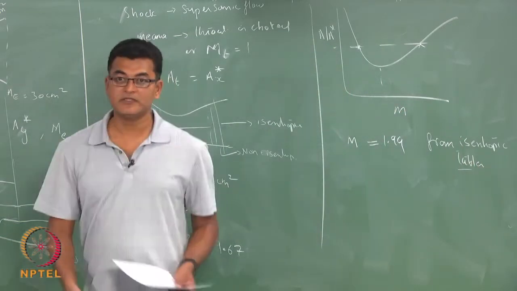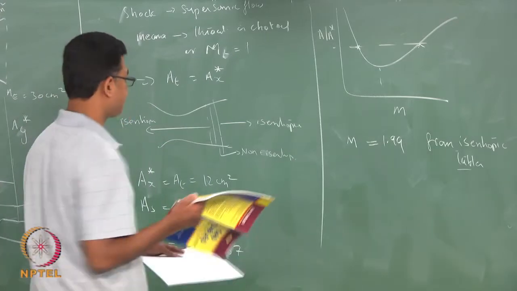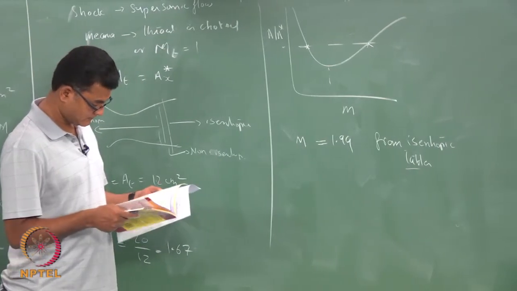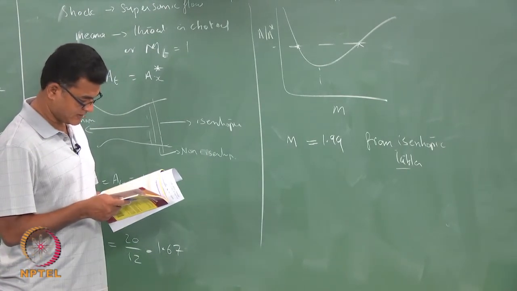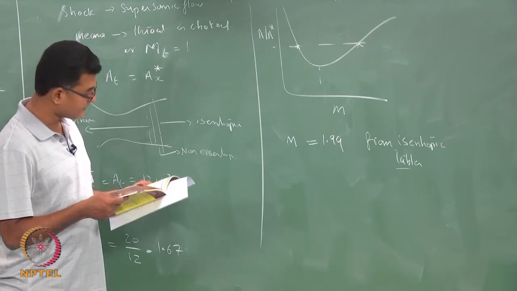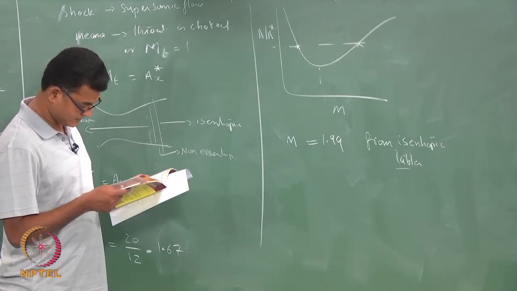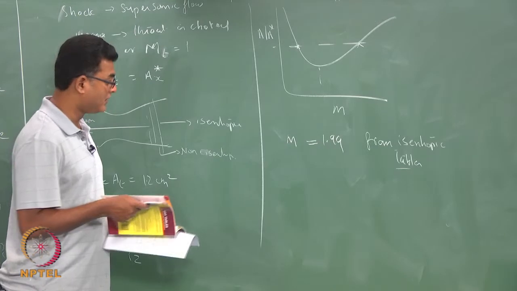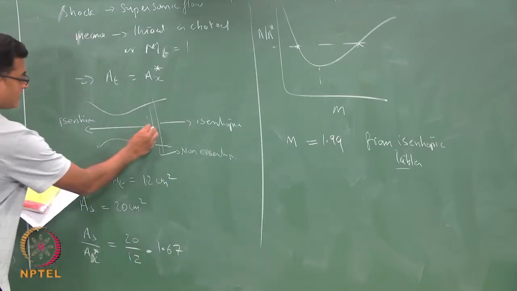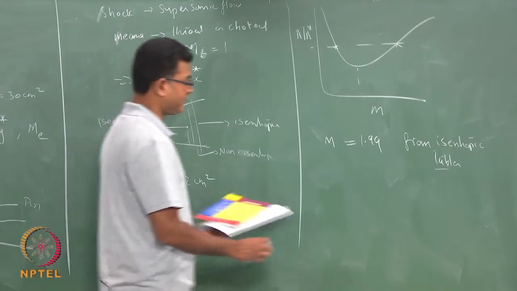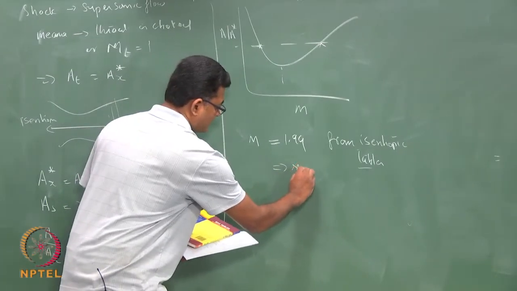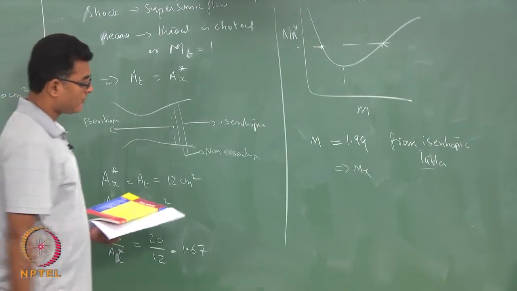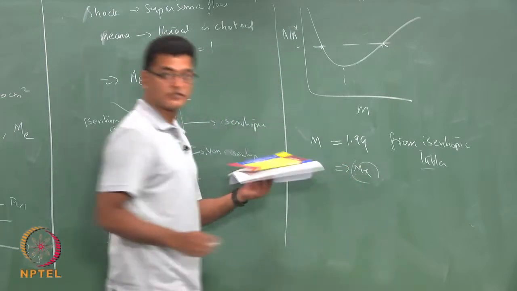So, I look at the tables, I get A by A star of 1.67 to be 1.99 from the isentropic table. So, this is the Mach number just before the shock, which is my Mx.